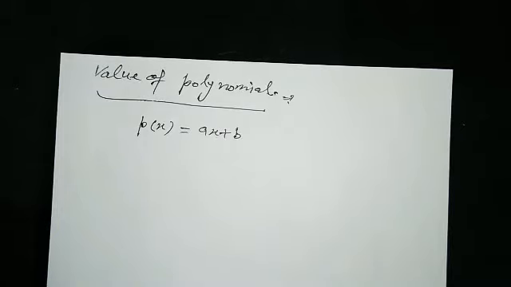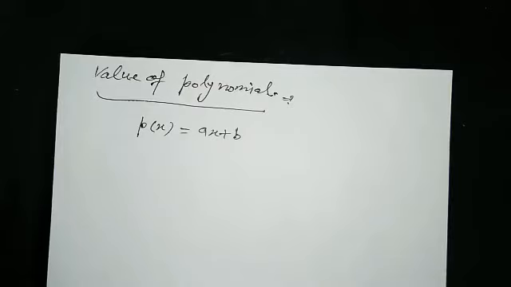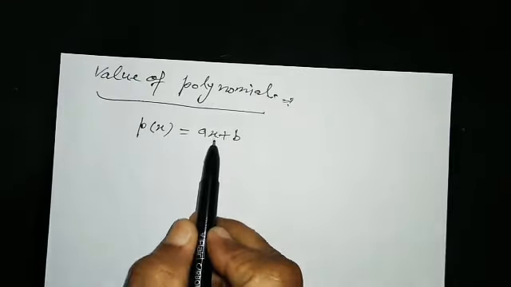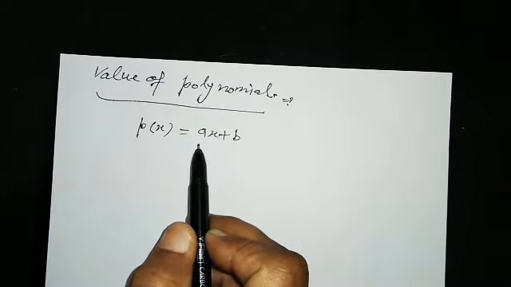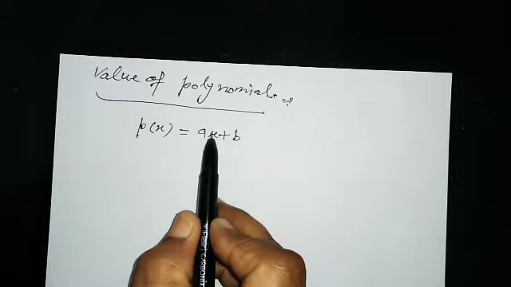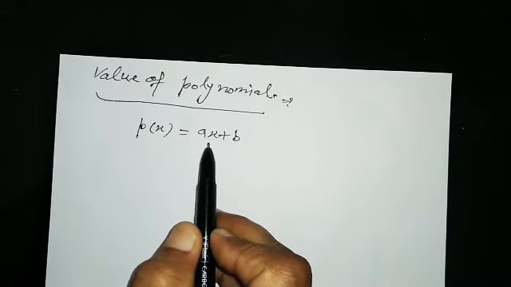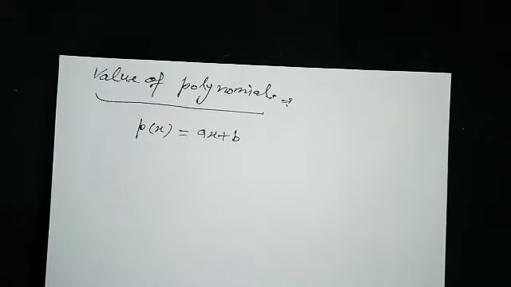On the base of degree there are many types. You can give them names like linear, quadratic, cubic or biquadratic and so on. So linear polynomial has degree 1. What is degree? Degree is the maximum power of a term in the expression.